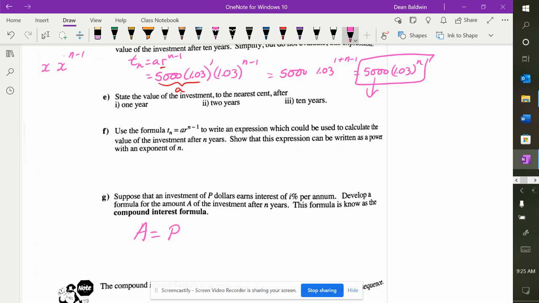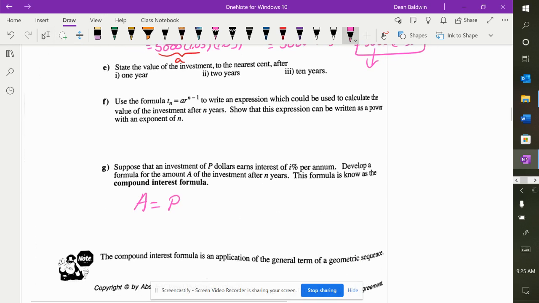A is equal to P. P is the principal, how much you invest. 1 plus the percentage to the n. And this is the number of years. And notice it's the amount you have after. That key word is after.